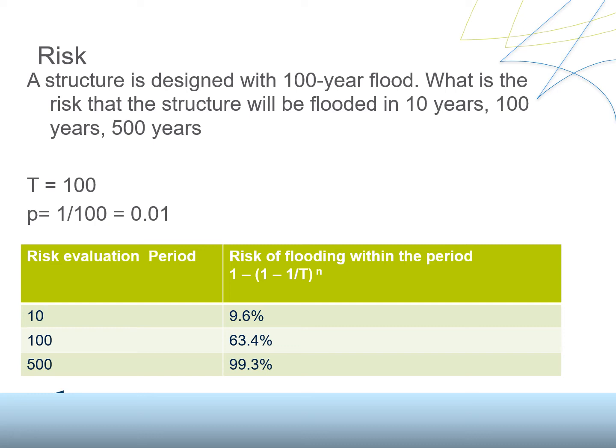When we design our structures, it is not sufficient just to say that the 100 years flood is acceptable or 50 years of flood is acceptable for a particular infrastructure. We need to calculate the risk of the flooding.